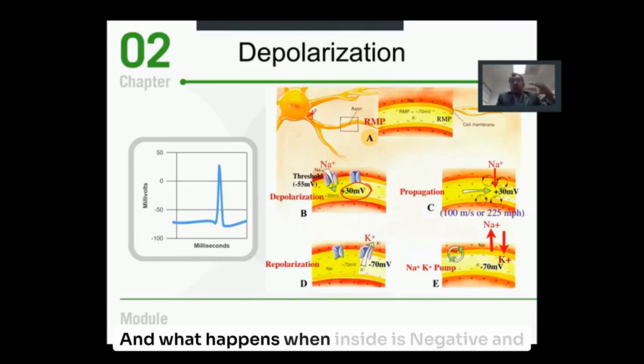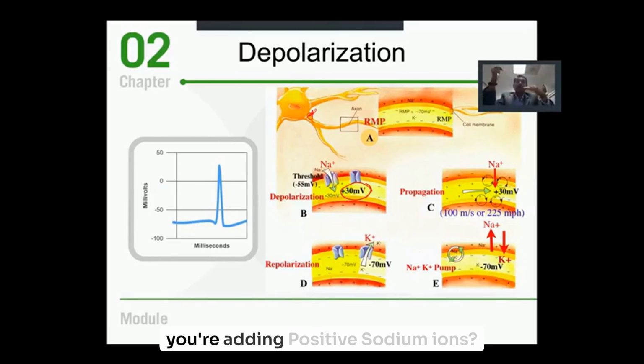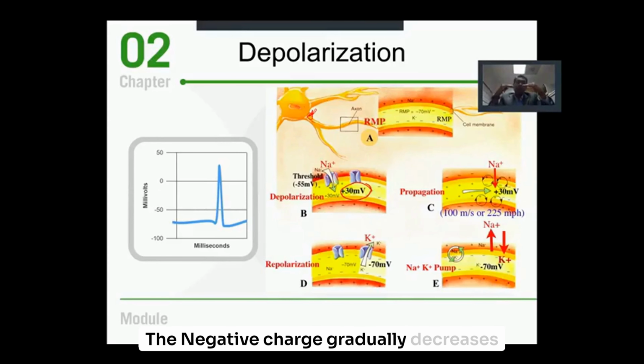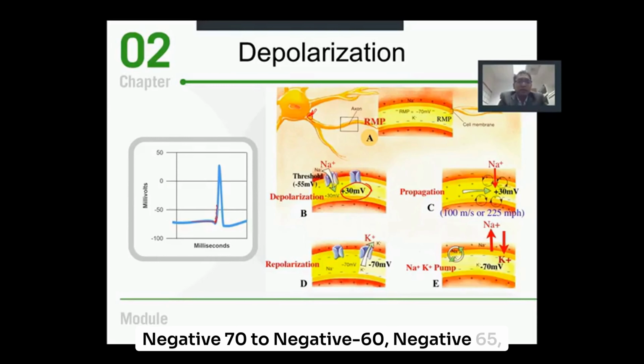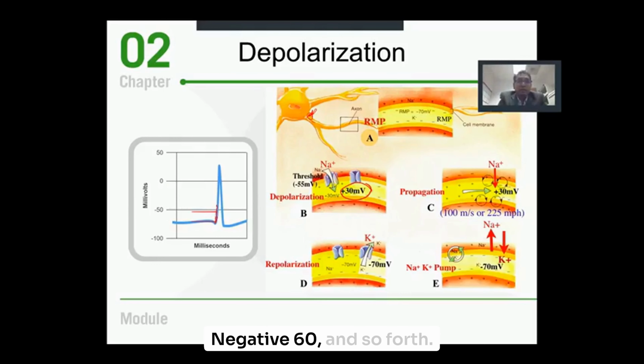And what happens when inside is negative and you're adding positive sodium ions, the negative charge gradually decreases. It goes from negative 70 to negative 65, 60, and so forth.